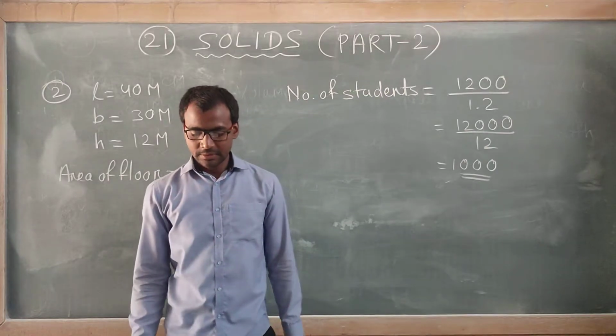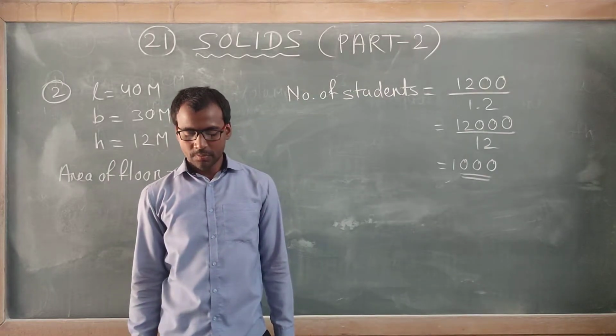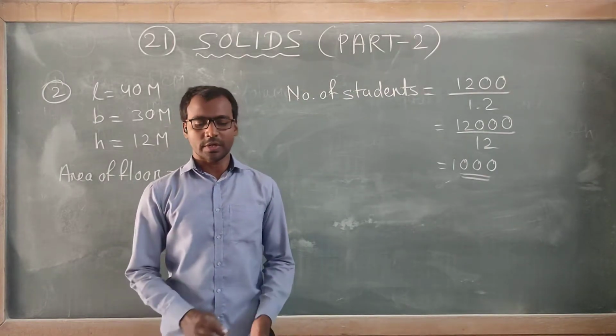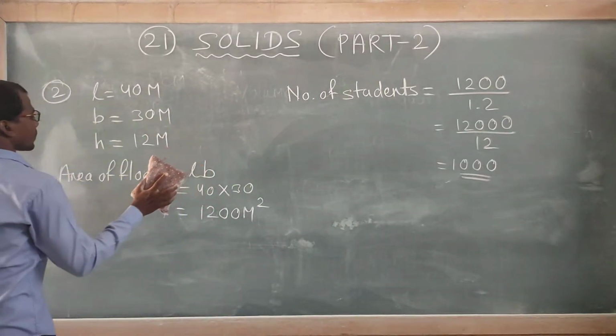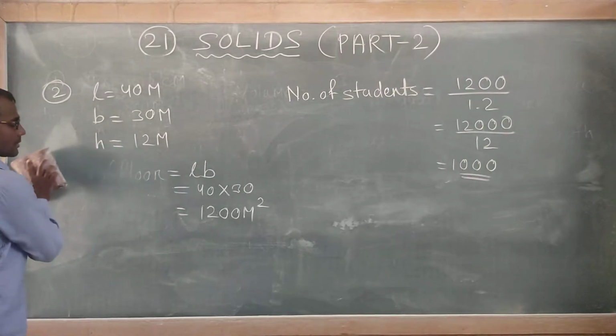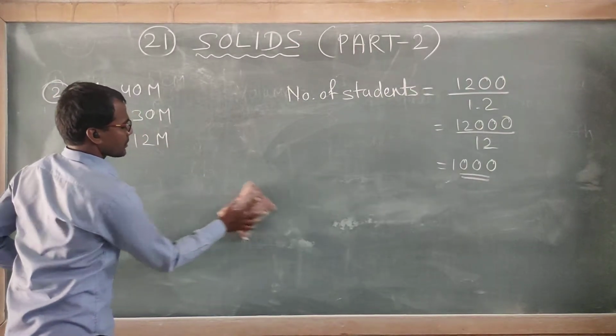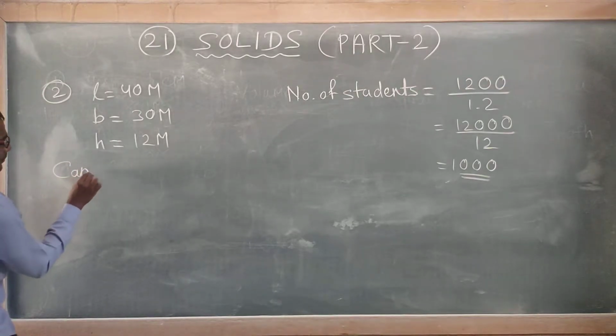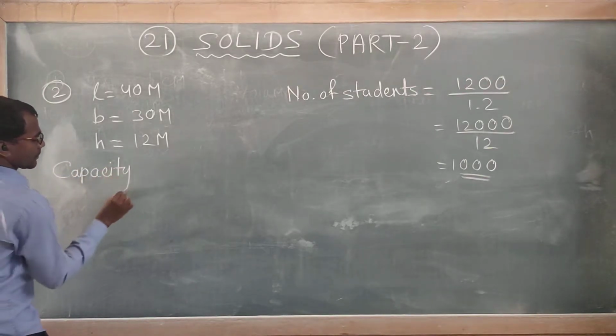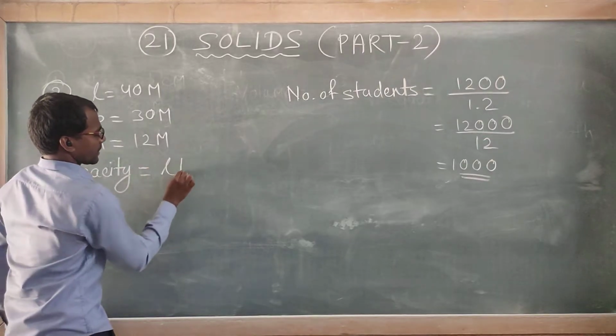Clear? Next, find the volume of air available in the auditorium for each student. Number of students is 1,000. Now let us find the volume, or capacity, of this auditorium. Capacity, volume, same thing.